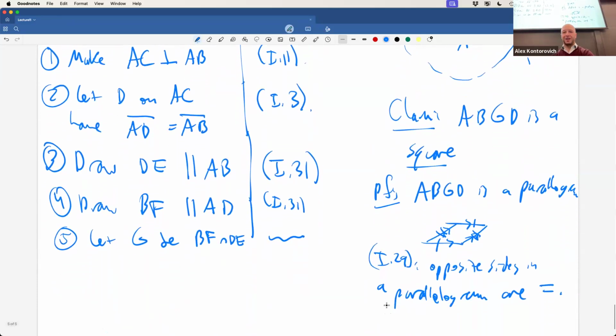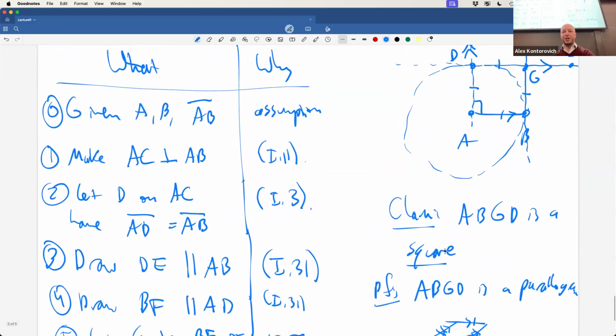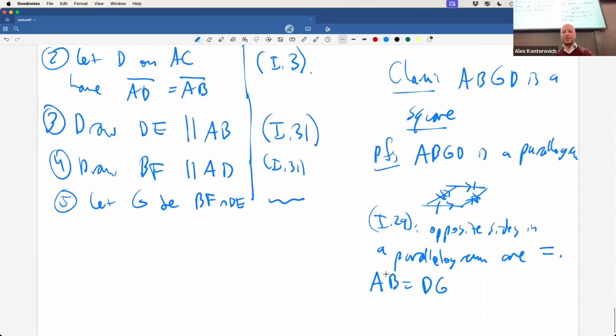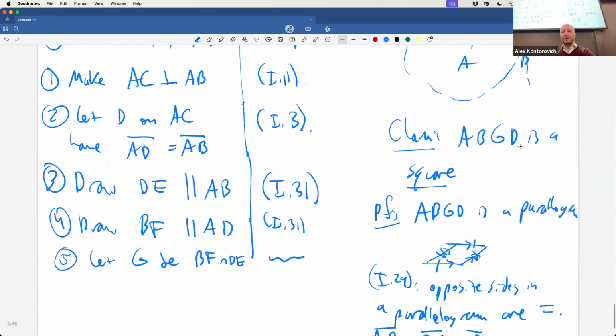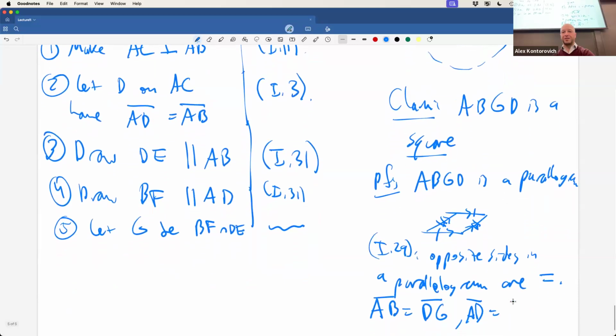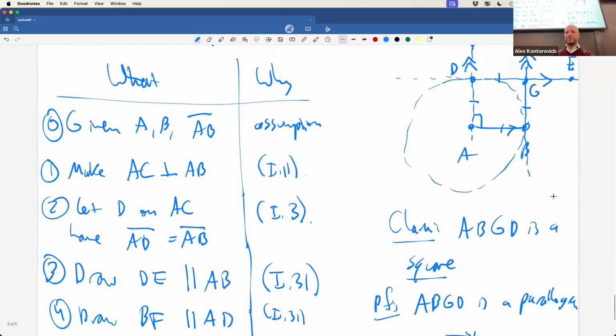I'll just write it here. AB is opposite to DG, and AD is opposite from BG. Okay, so far so good.